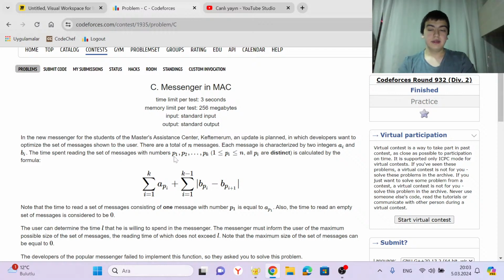If you read the messages P1, P2, ..., PK in this order, where the B_i are all distinct, the time you spend will be the sum of A_{P_i} for i from 1 to k, plus the sum of the differences |B_{P_i} - B_{P_{i+1}}|. So this is the formula for the time you spend if you read these messages in this order.